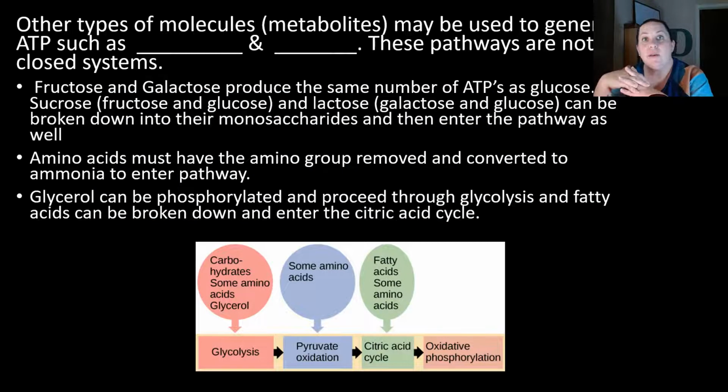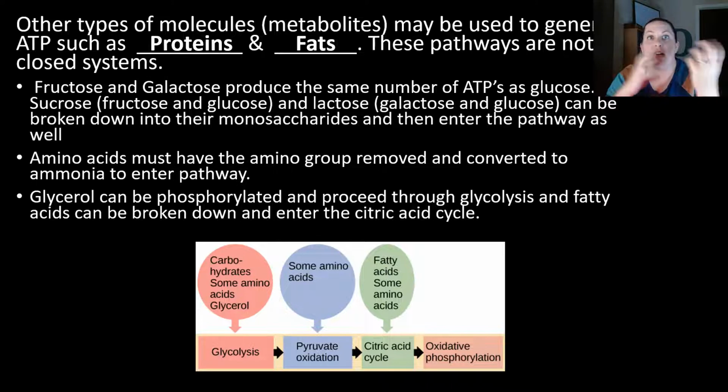Now, other types of molecules can be used as metabolites besides just glucose to make ATP. This does include proteins and fats. But guys, these pathways are not closed systems, and so because of this, there are some differences that have to take place. So fructose and galactose are other types of sugars besides glucose that produce the same number of ATP as glucose.